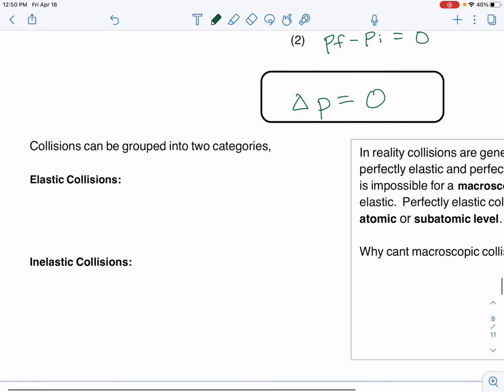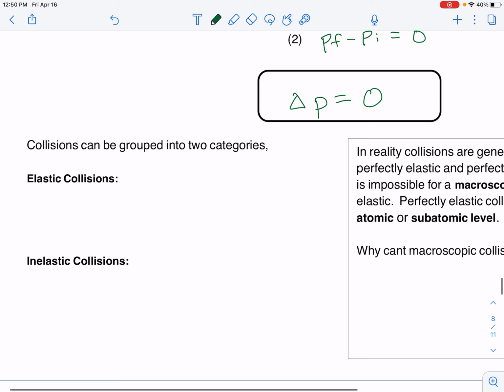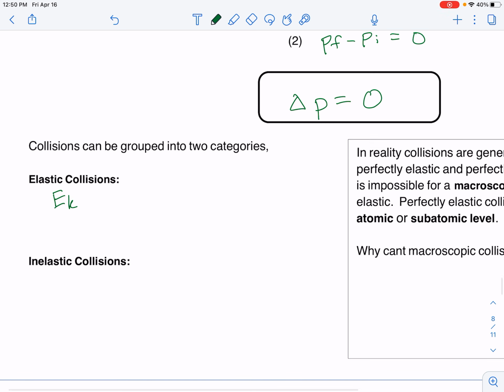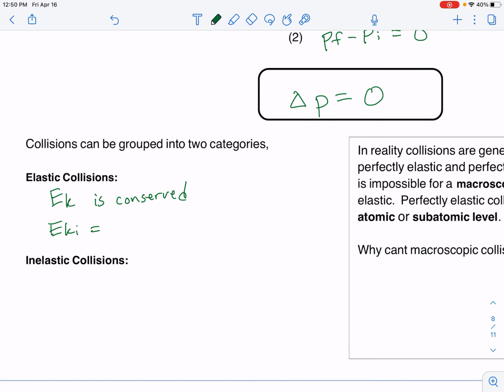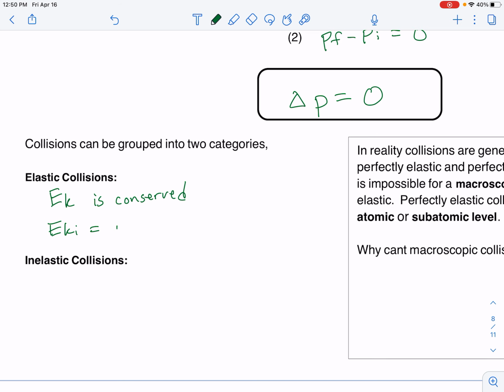Okay. So, in elastic collisions, our kinetic energy is conserved. Prior to a collision between two objects, obviously, if they're moving, there's going to be kinetic energy. So that total initial kinetic energy is going to be equal to our total kinetic energy after the collision.